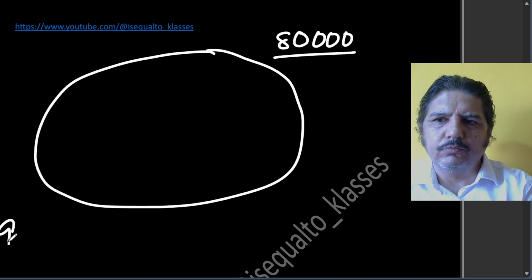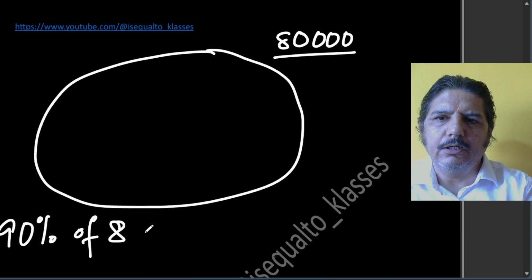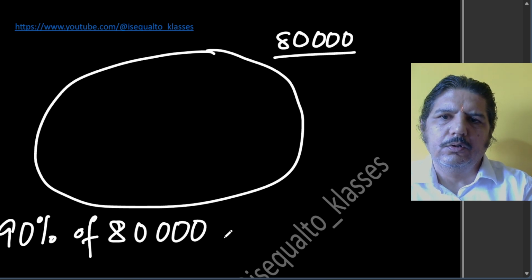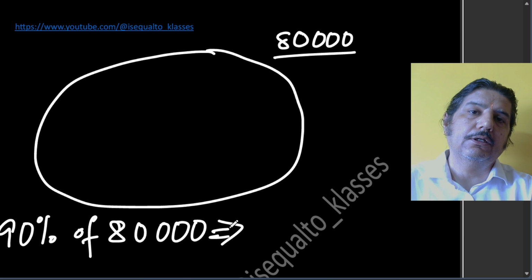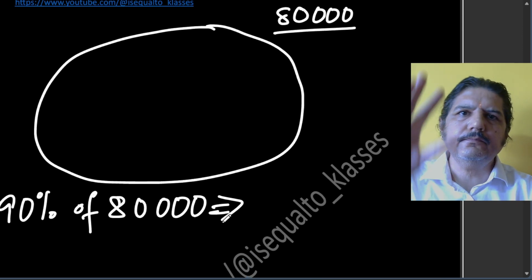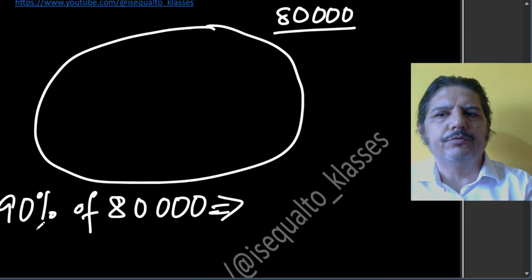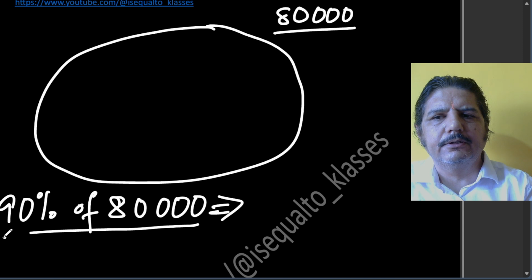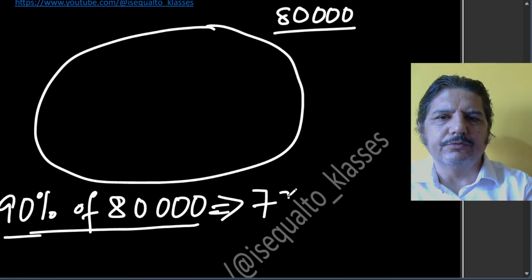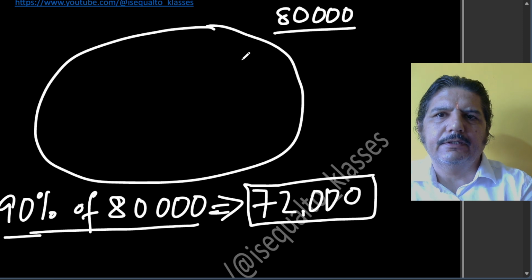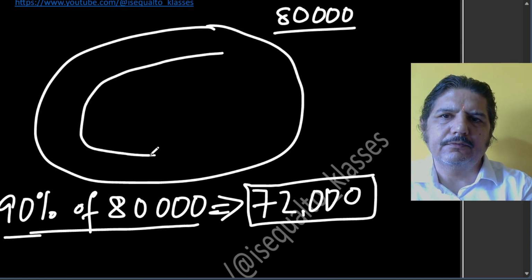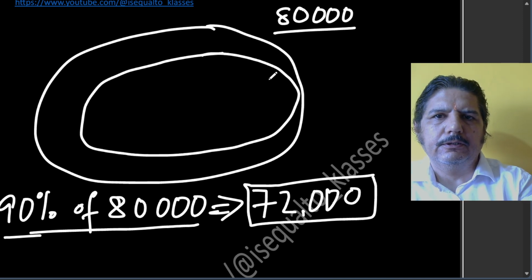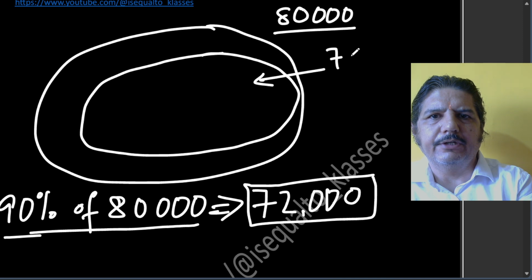So first we'll understand what is 90% of 80,000. So 90% of 80,000 are the people who actually voted. If you calculate 90% of 80,000, it will come to be 72,000. So these are the 72,000 people who actually voted.